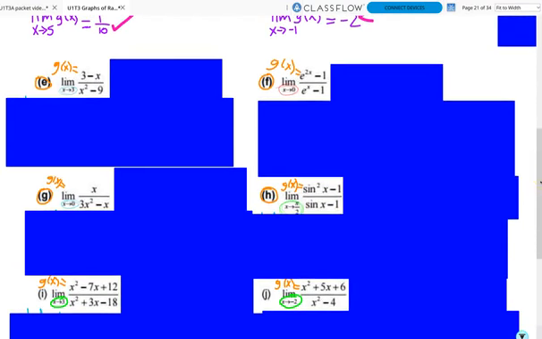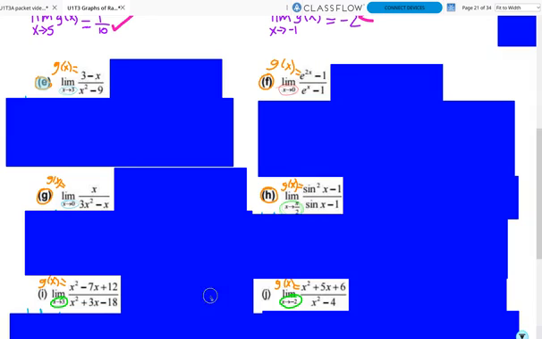G of x for letter E. Letter E is a little tricky because if you look at the numerator, it doesn't seem like it has a factor like the other problems we've done. You're going to have to get used to rearranging these binomials in a way so that you can find common factors.